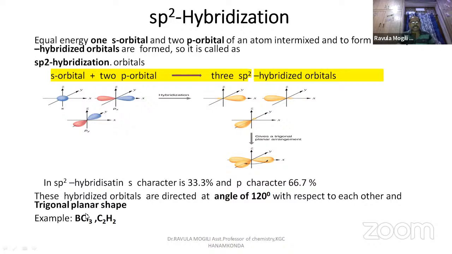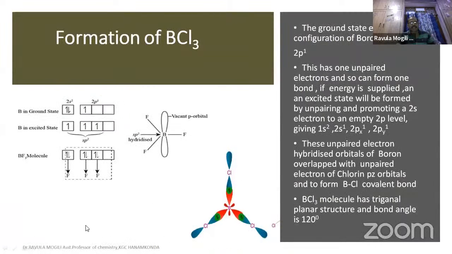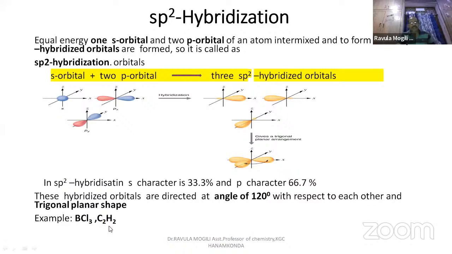The best example is boron trichloride and this is C2H4. It is not C2H2.